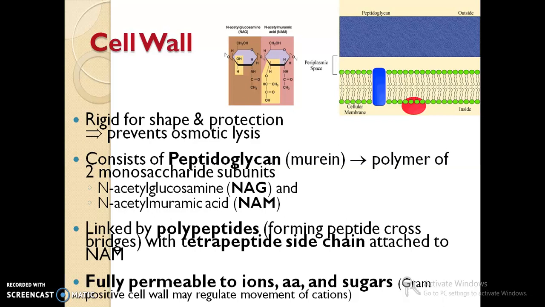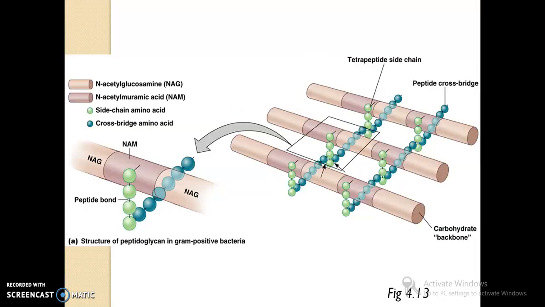Chemically, the cell wall is composed of peptidoglycan, also called mucopeptide or murein, formed by N-acetyl glucosamine and N-acetyl muramic acid alternating in chains, cross-linked by peptide chains.